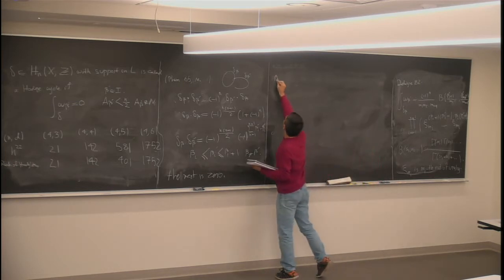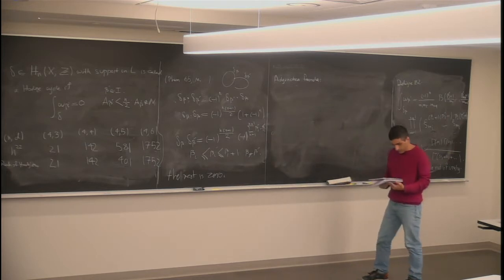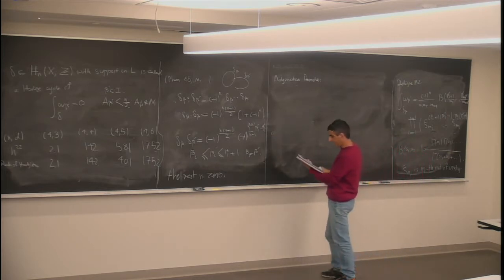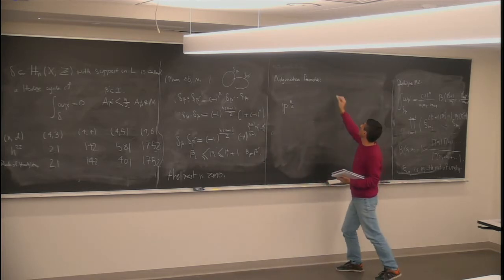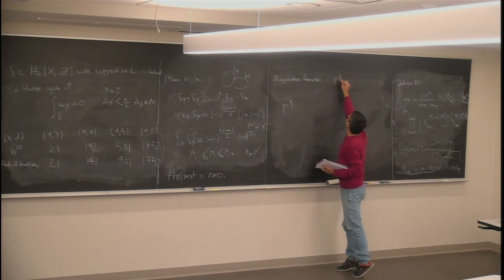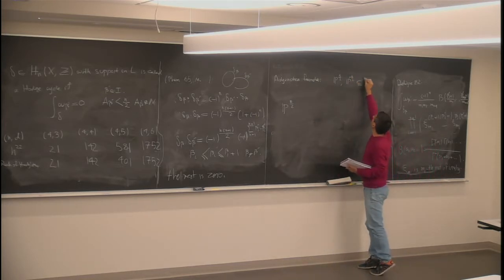Let's say the adjunction formula will give me the other one. Take this P^(n/2) check, one of these many linear cycles inside Fermat.